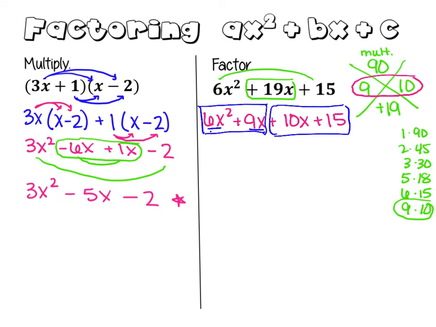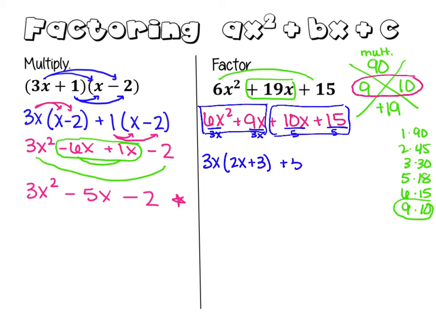Well, I think the biggest thing would be just 3x. So I'm going to take out that 3x, or undistribute my 3x, and what would be left if I divide both of those by 3x? Well, I would still have 2x plus 3. And then the biggest thing I can divide by in the second group, or the second pair, was 5.